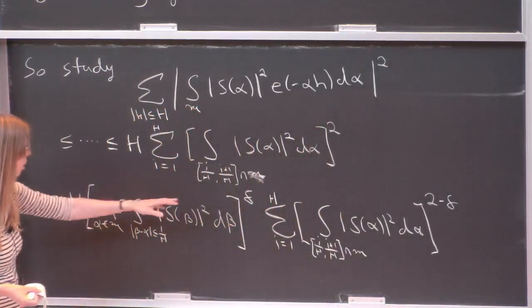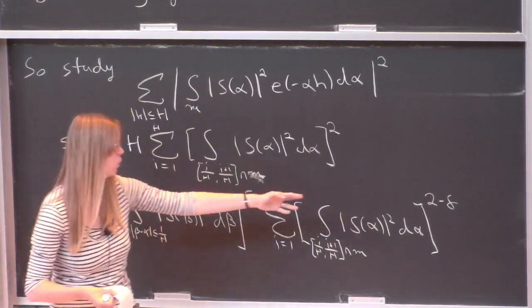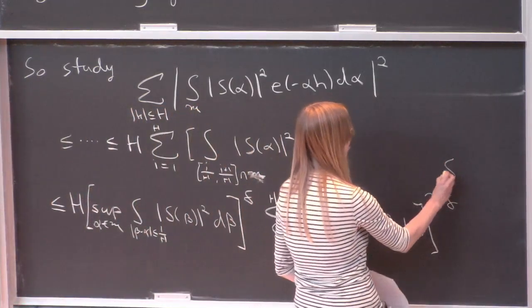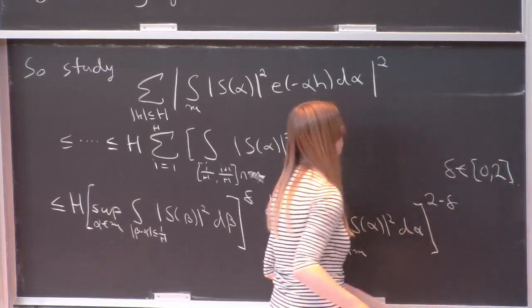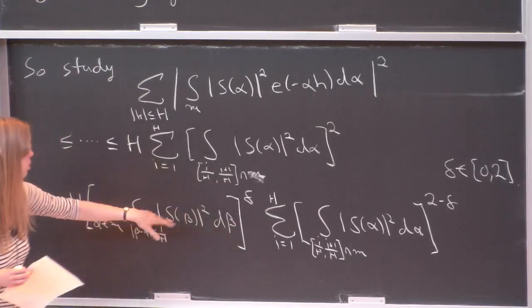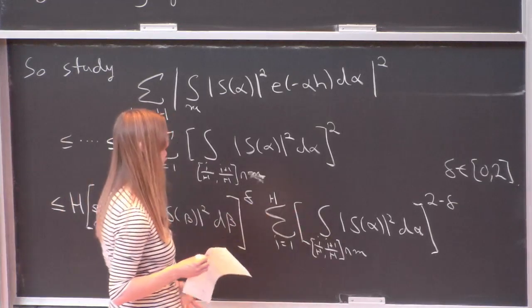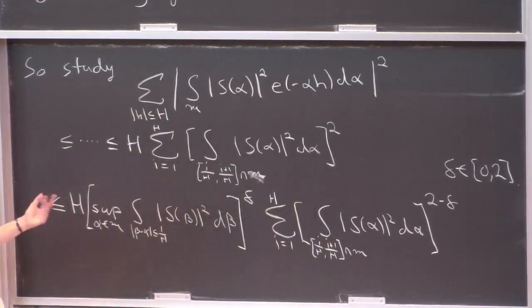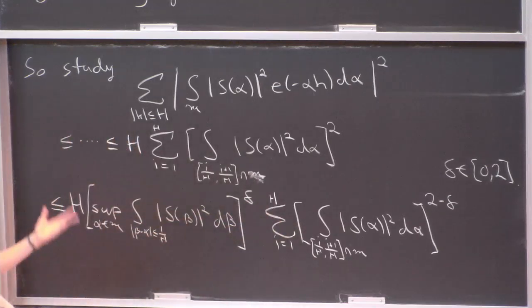So I have taken the supremum of part delta of this, and I am left with 2 minus delta. So here delta is anything between 0 and 2. Okay. And this looks familiar from circle method things, that you get these averages of exponential sums, and you have a supremum somewhere, and you have a mean somewhere. And then what we want to do next is to estimate these two things and get good estimates for them.